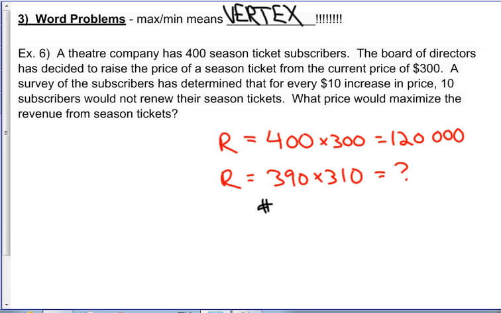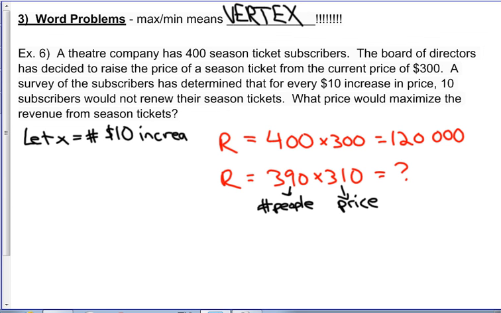This is number of people, and this is price. We need to define some things here. So we're going to let x equal number of $10 increases. And I always want to define my variables.